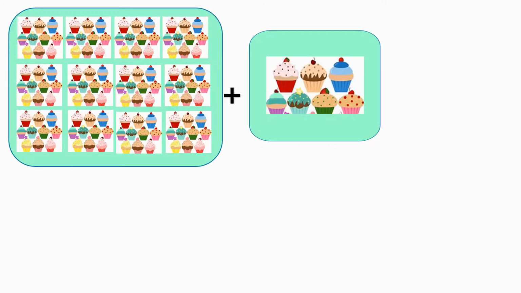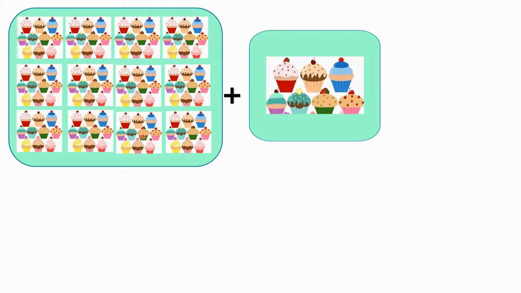Here some ice cream cups are given. Let's count how many total. 1, 2, 3, 4, 5, 6, 7, 8, 9, 10. Each set has 10 ice cream cups and total 1, 2, 3, 4, 5, 6, 7, 8, 9, 10, 11, 12.